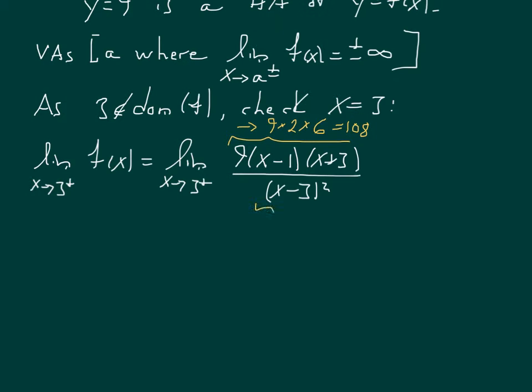So the numerator is tending to 108, and the denominator is tending to, well, as x gets close to 3, x minus 3 gets close to 3 minus 3, which is 0.